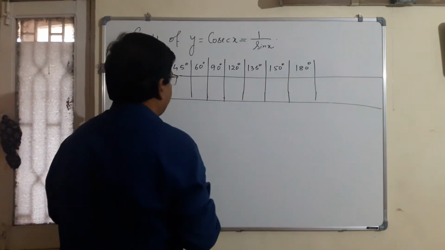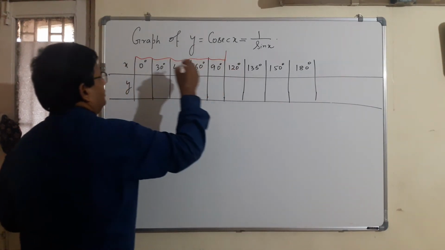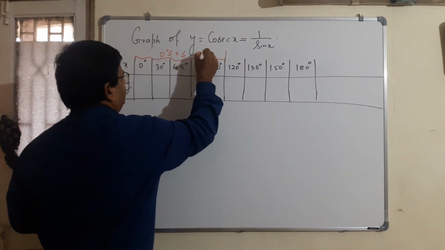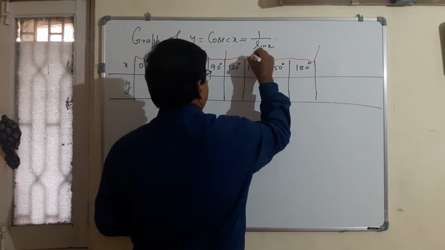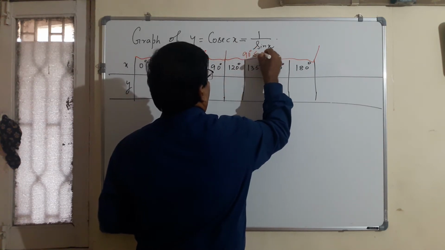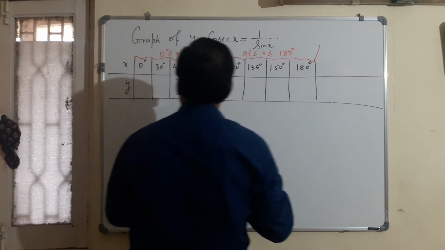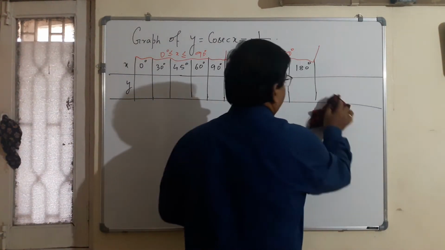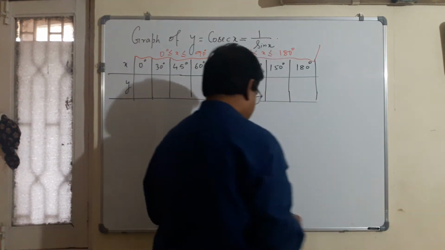This is the first and second quadrant. In the first quadrant x lies between 0 to 90 degree, and in the second quadrant 90 to 180 degree. So see here, first of all I am drawing the graph in the first and second quadrant.